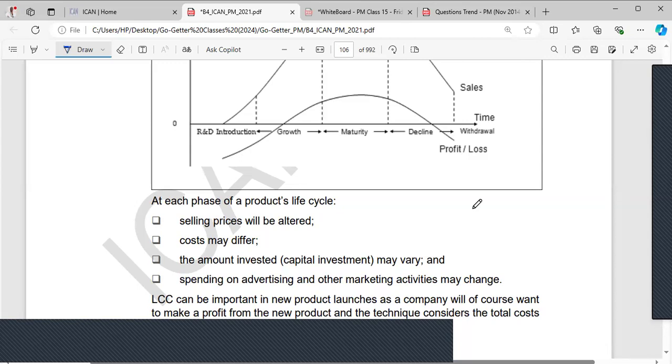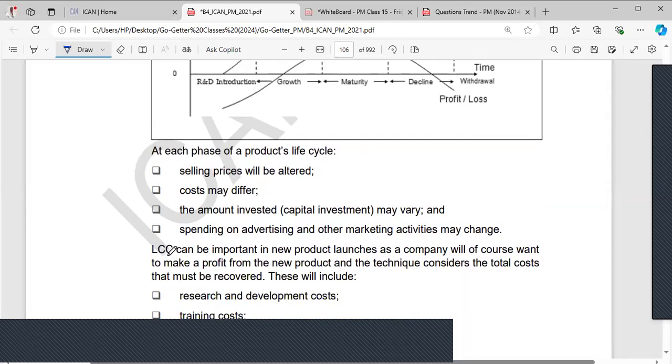At the design and R&D stage, there will be no selling price, there is no cost of sales, but investment in capital will be there. Advertisement may not be there, but you'll be looking at all of this. How does the stage affect each of these costs?